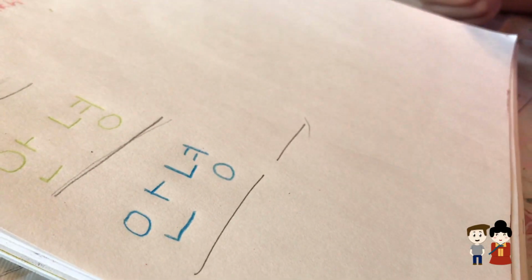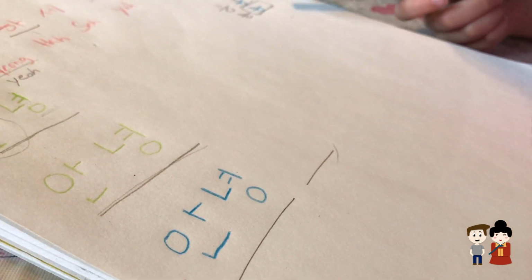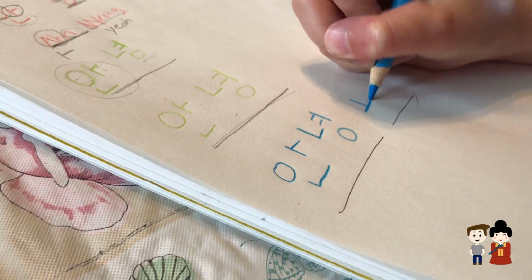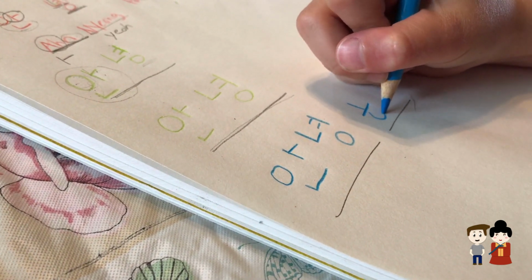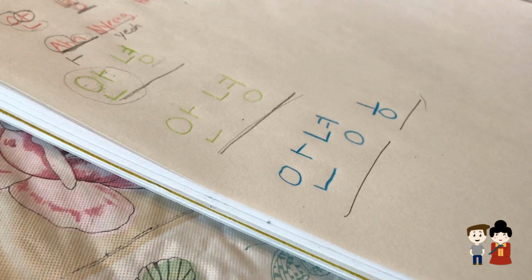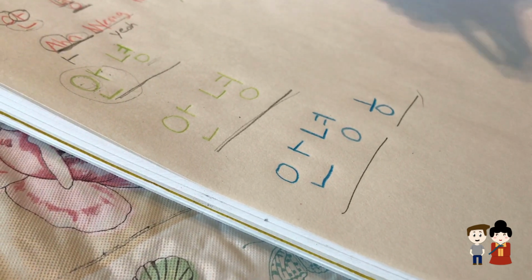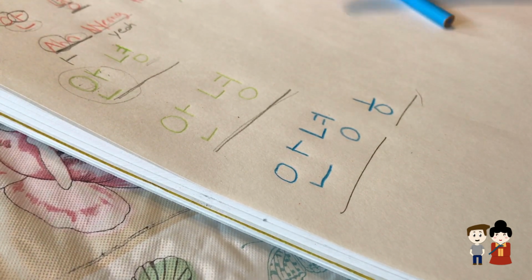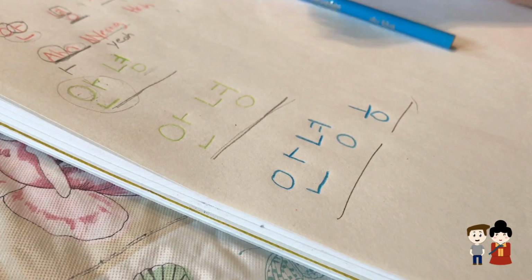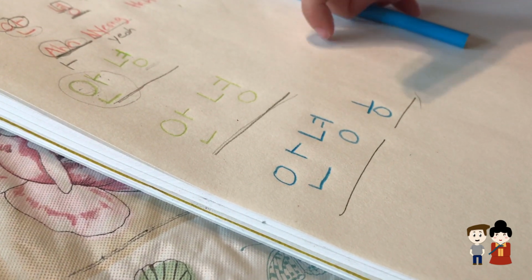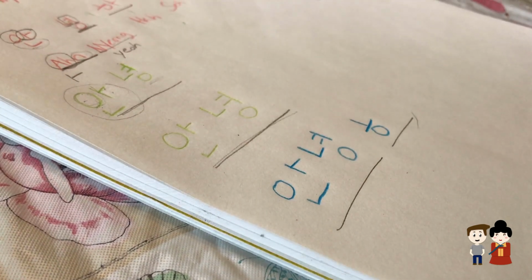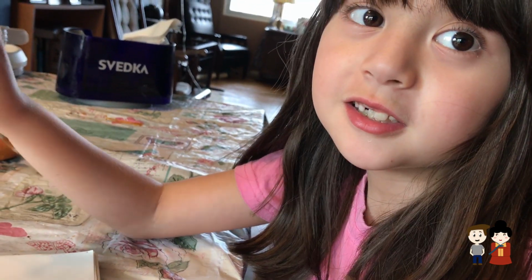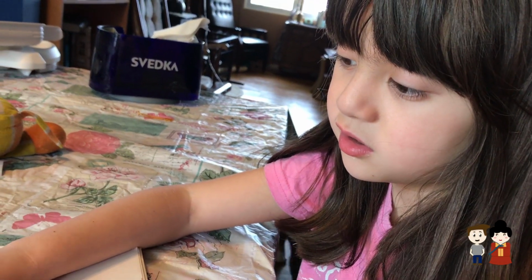So can you write the H sound in Korean? Okay, good. What do you hear in the syllable ha besides the H? We wrote it already in Ahn Nyeung. Ah. Good. Do you remember how to write ah?